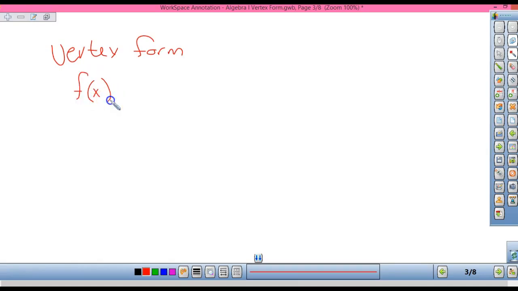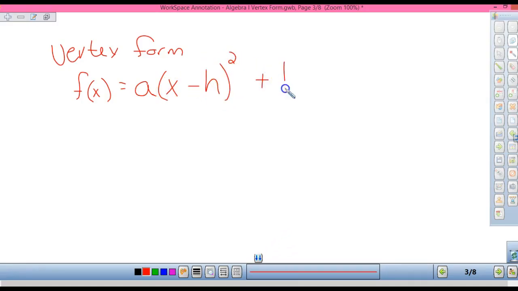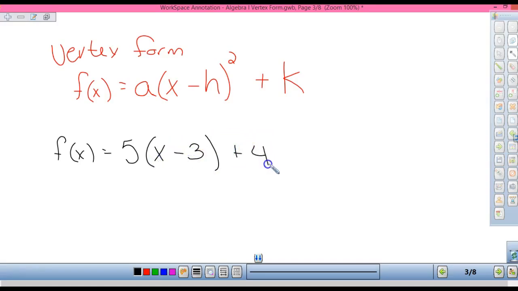Okay, f of x equals a times x minus h squared plus k. All right, so if I have f of x equals 5 times x minus 3 squared plus 4.